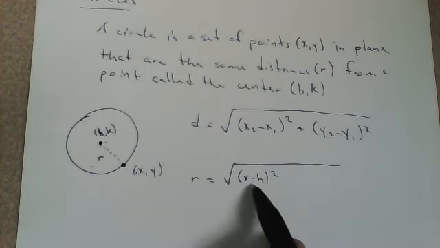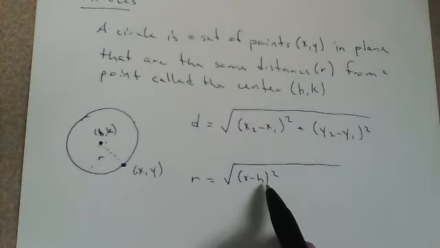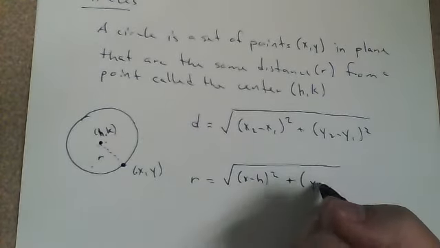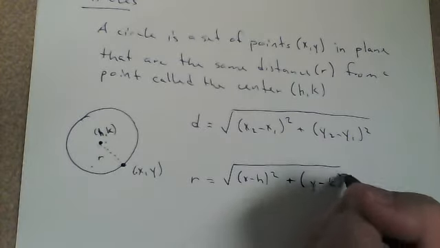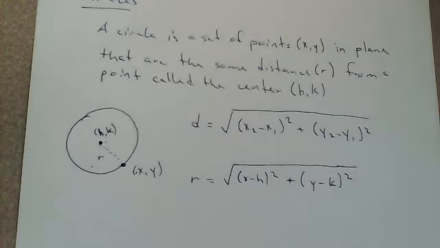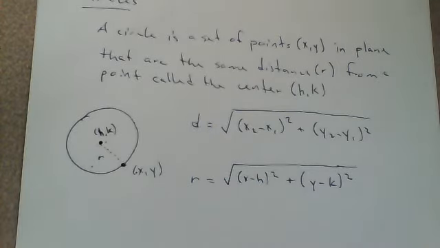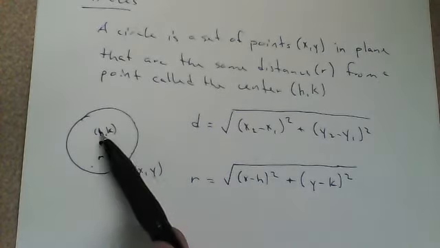One is just x1, the other one is x2, plus y minus k squared. Same thing, right? We just changed the letters, but it's the same thing. It's just saying that we're making our center x2, y2, right? Well, in this case, I think it'd be x1, y1, right?